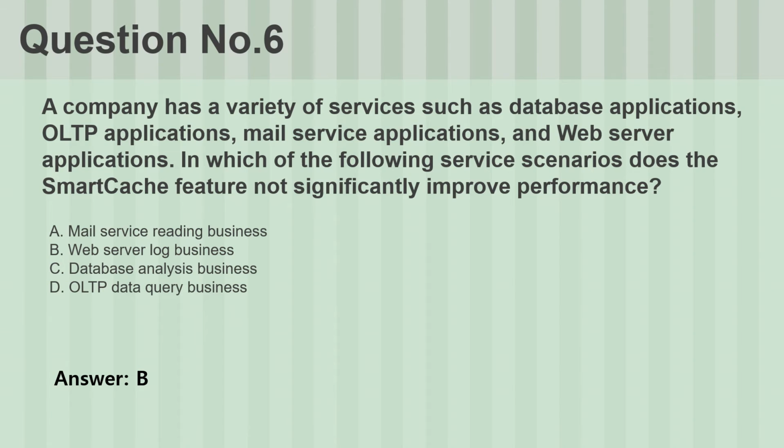Question number 6. A company has a variety of services such as database applications, OLTP applications, mail service applications, and web server applications. In which of the following service scenarios does the SmartCache feature not significantly improve performance?